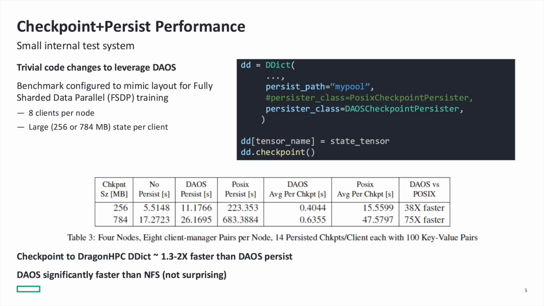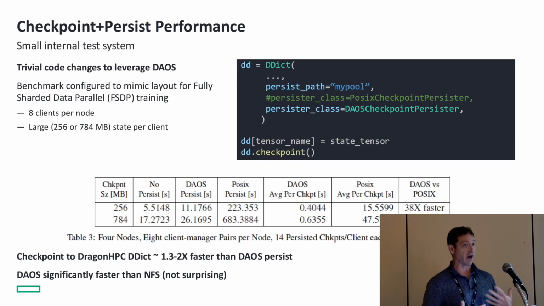So done the way we have, users will just tell our distributed dictionary that they want to use the DAOS persister backend. Under the covers, we'll attach to that particular pool, in this example, and create containers and dictionaries within there for them, but the user application doesn't really need to know anything about that.